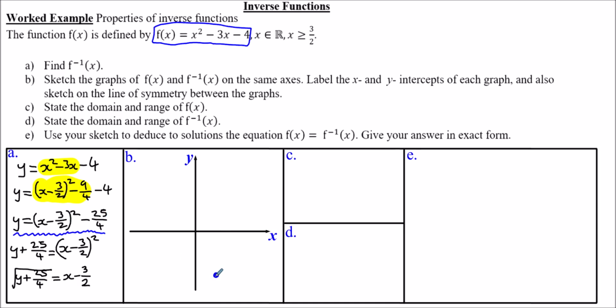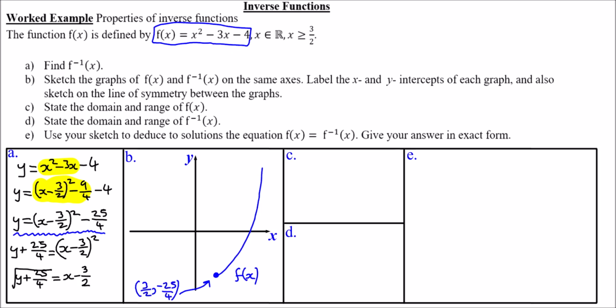It's going to start here, and because x is 3 over 2 or greater, we're just going to see the curving up right-hand side of a parabola, something a little bit like this. So that's f of x, and that point here is the point (3 over 2, minus 25 over 4).